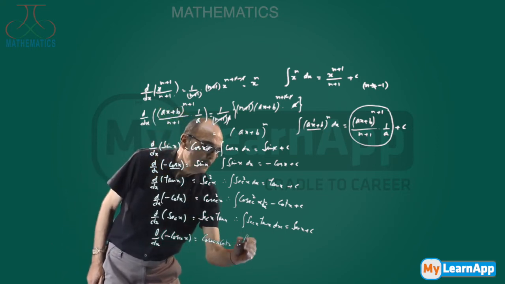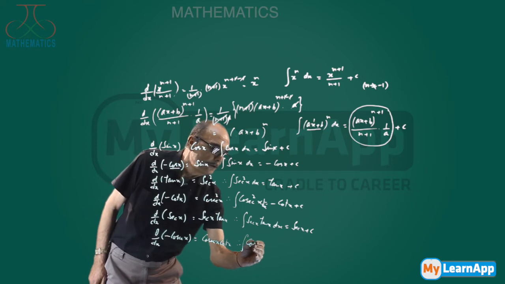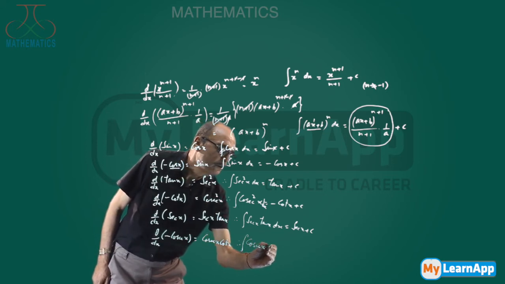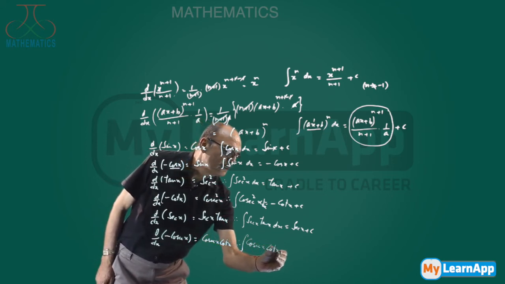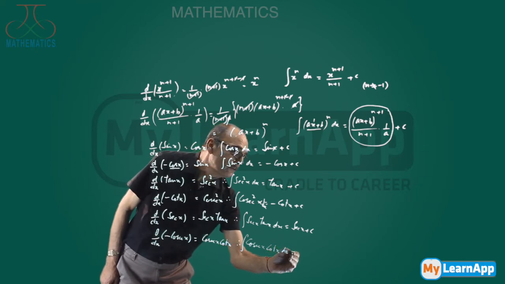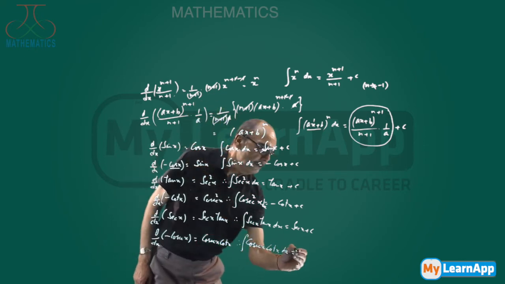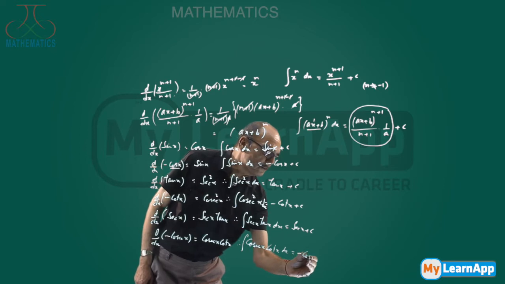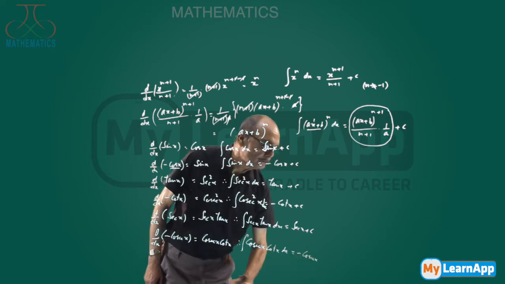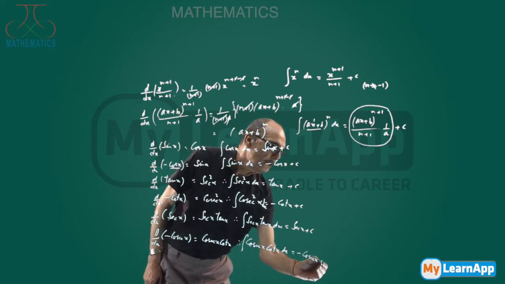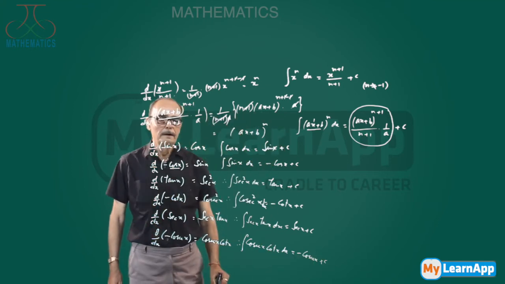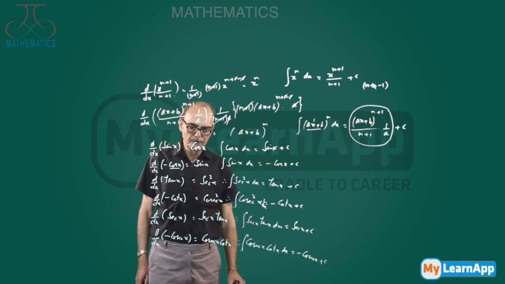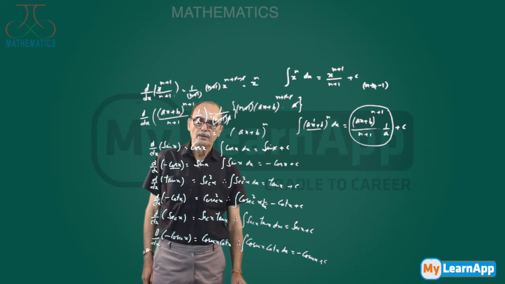Therefore, integral of cosec of x into cot of x dx is minus cosec of x plus constant c. These are the basic formulas using these trigonometric functions.